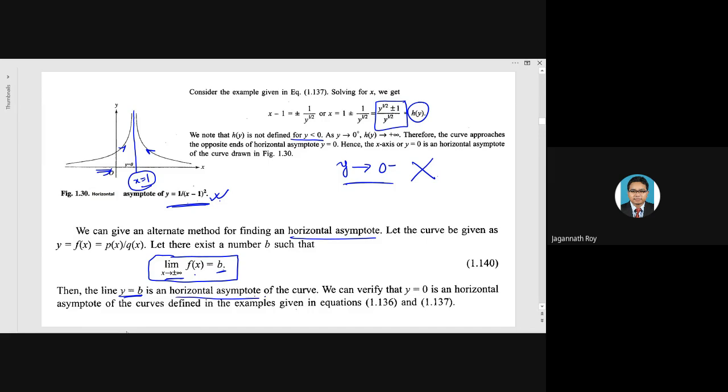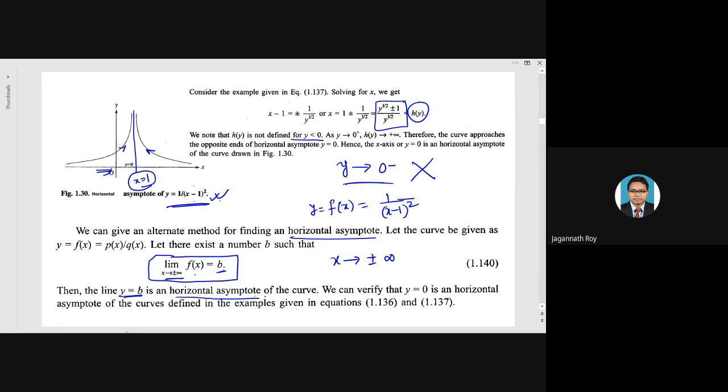So for this particular example, here the f of x is this one, y equals f of x, 1 upon (x minus 1) whole square. So what we are writing, x plus minus goes to infinity.